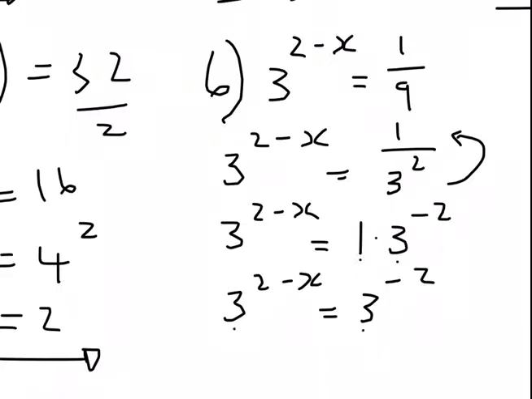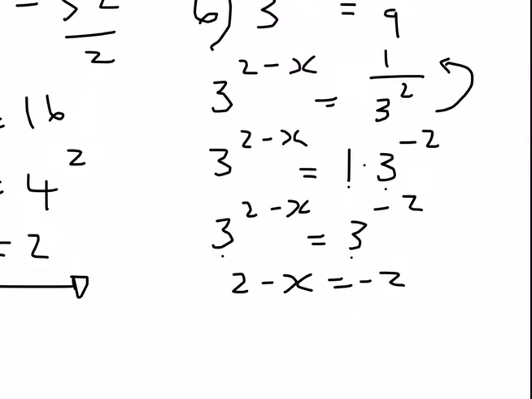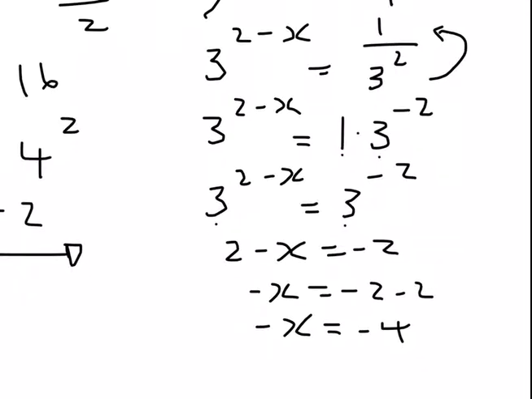Bases now are the same. So you end up having your 2 minus x being equal to negative 2. So you can take that 2 to the other side, and then you end up having negative x equals negative 4. Just be aware that you have an invisible 1 there that you will need to remove.